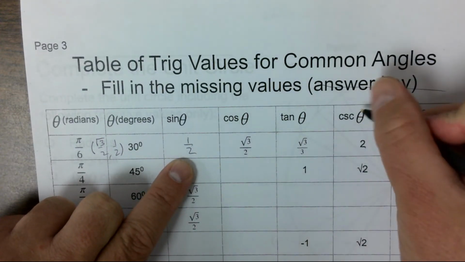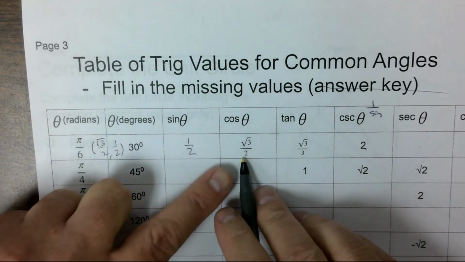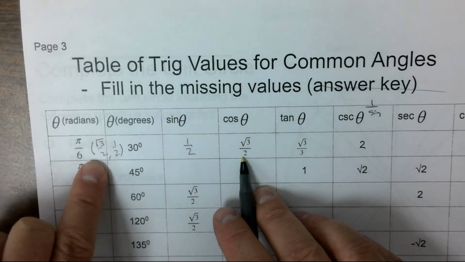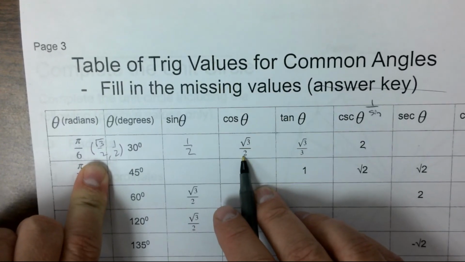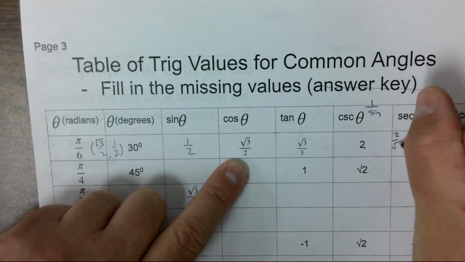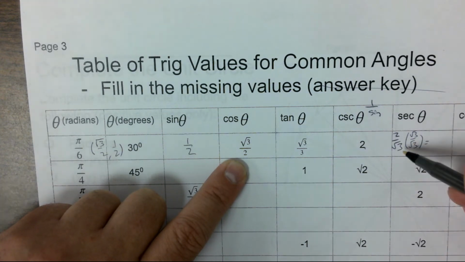So this is 1 over sine. Now this one, cosine, is the x value. And how that relates is it'd be 2 over square root of 3. But you're going to want to rationalize it. It means put the square root symbol on top and bottom. So you have 2 square root of 3 over 3.